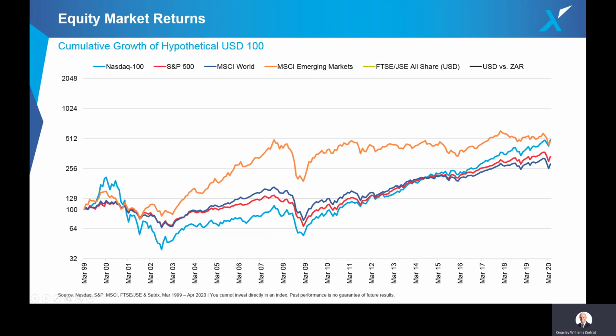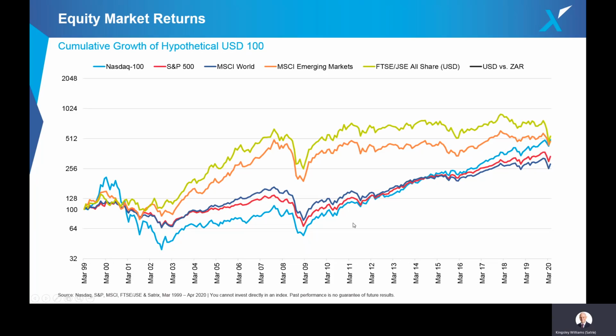Perhaps surprisingly, emerging markets have done even better over this entire period relative to developed markets. And this has largely been due to their performance before the global financial crisis, as developed markets have outperformed since then. And you can see that outperformance since then with the narrowing of the gap between developed and emerging markets.